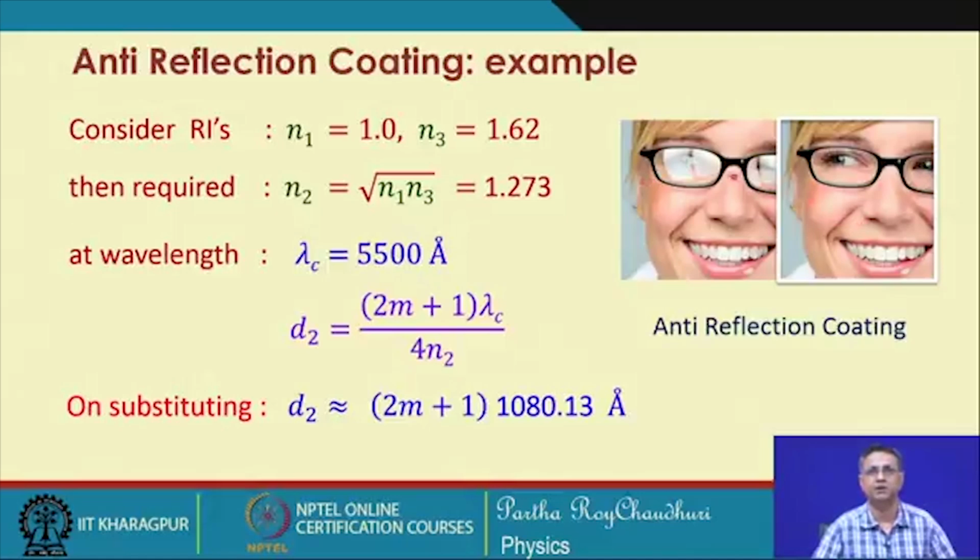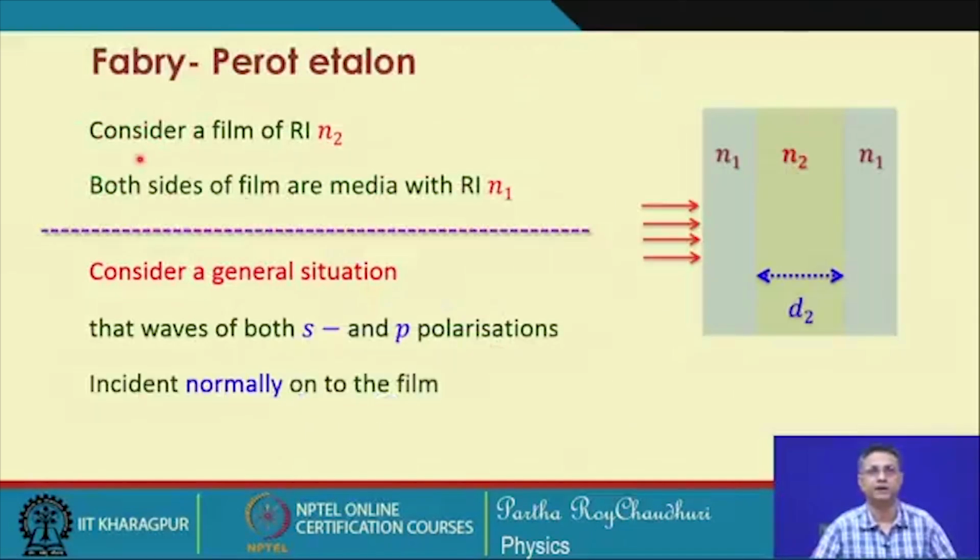See the example, when there is no coating, there is a reflection from the spectacle glass, but after the coating there is no reflection. So, this is a very beautiful example of application of anti-reflection coating.